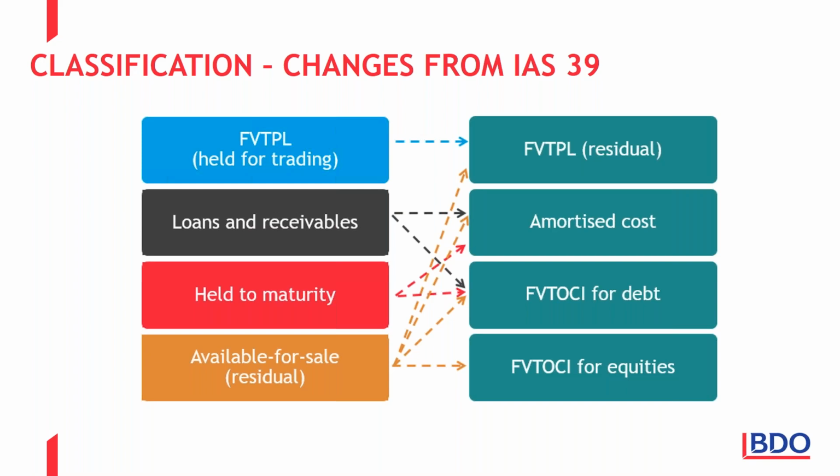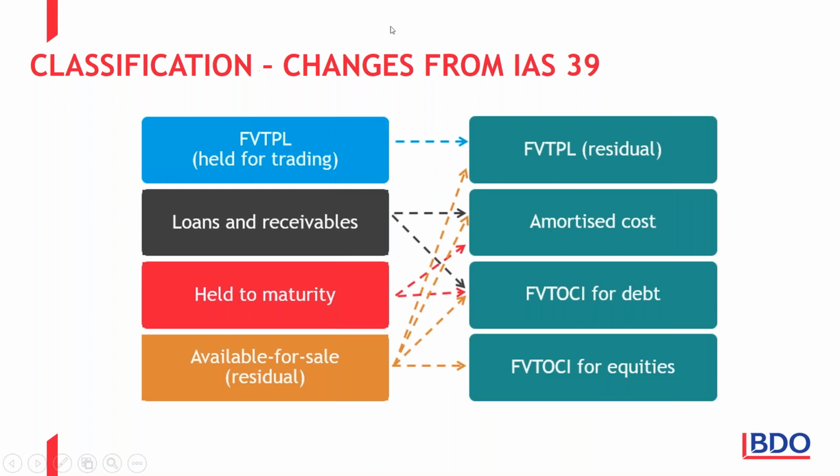If you look at available for sale, the yellow one, it could go to anything under the new IFRS 9. Held to maturity could go to amortized cost or fair value through OCI for debt. Loans and receivables the same. So there could be a lot of classification changes, and how do we deal with the disclosures when that happens?